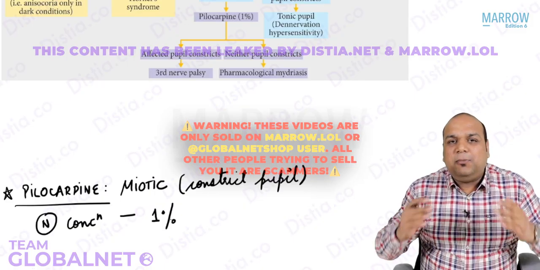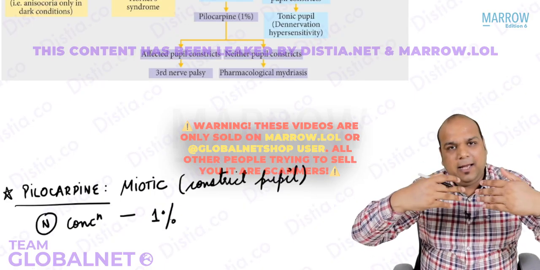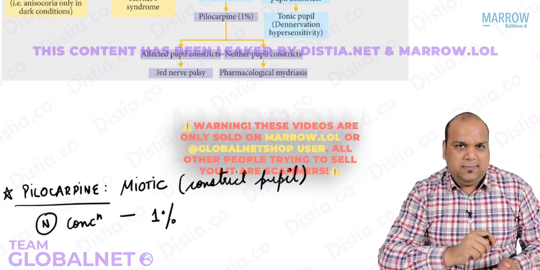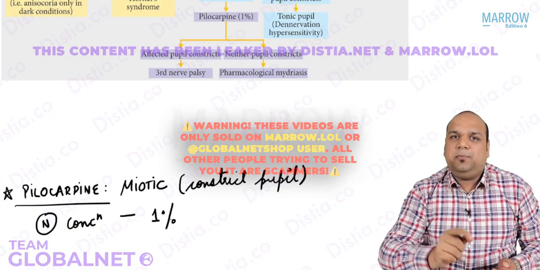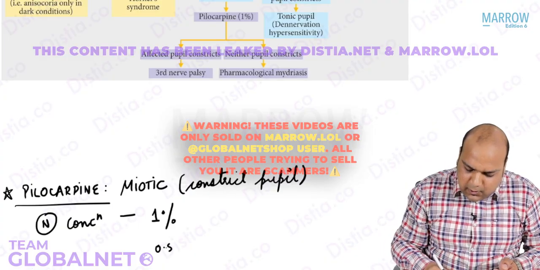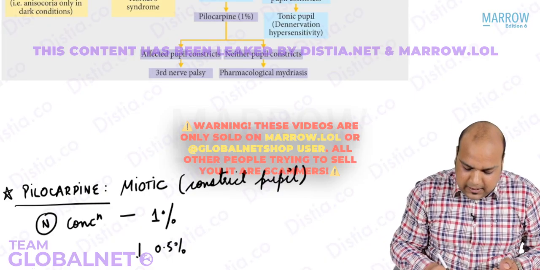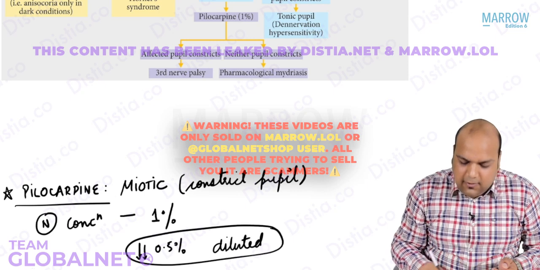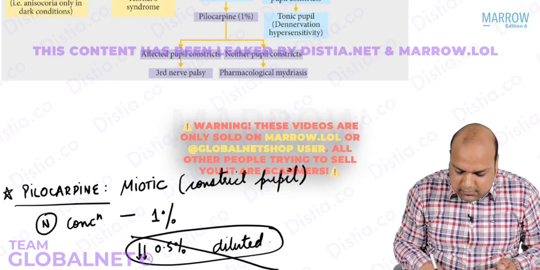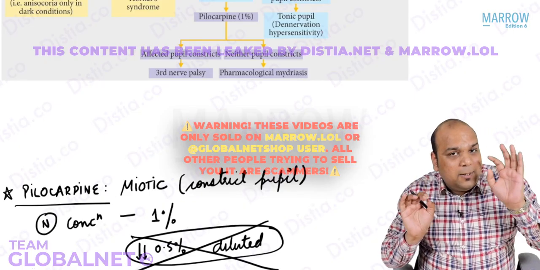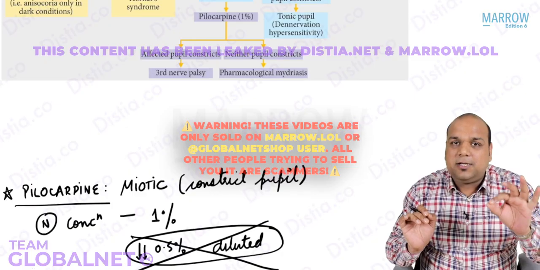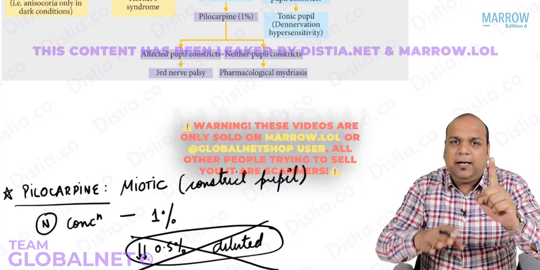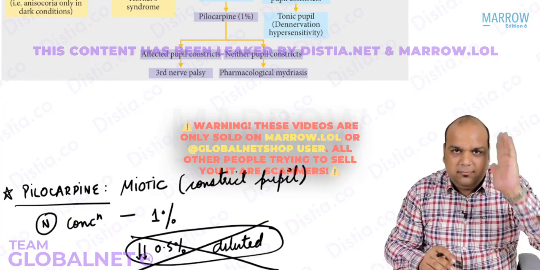Normal concentration means in a normal person like you and me, let's say both of us are normal, if I put 1% pilocarpine, I will be able to constrict my pupil. But if I put 0.5%, that means lesser concentration, or I can say diluted pilocarpine, will I be able to constrict my pupil? No. You understand? The minimum concentration needed to constrict a normal pupil is 1%. Anything below that, a normal pupil will not constrict. Get this in your heads?